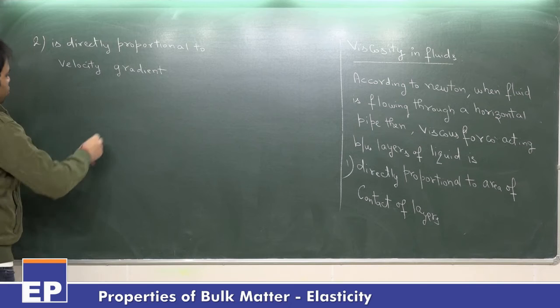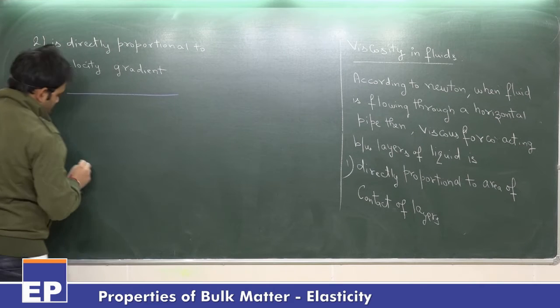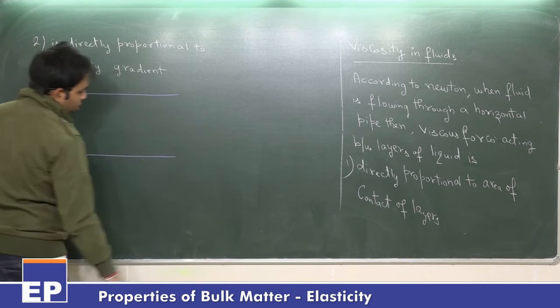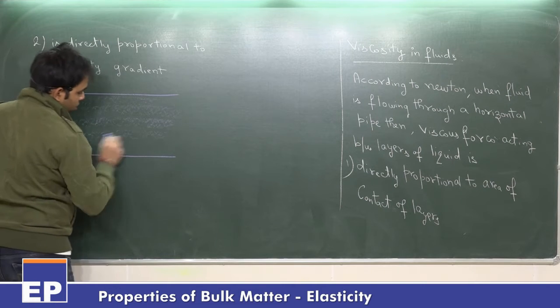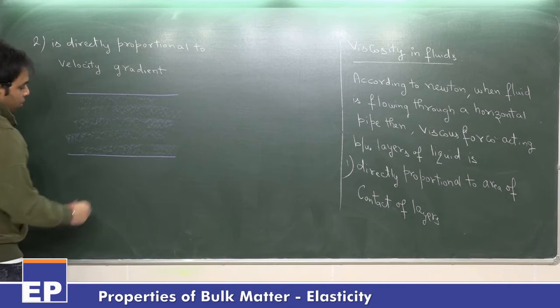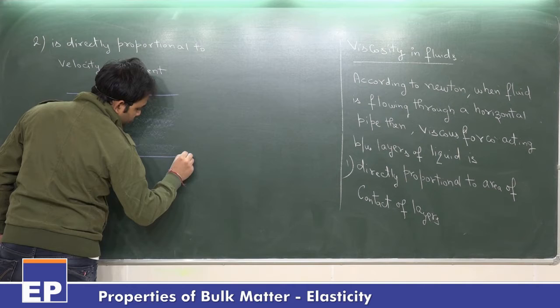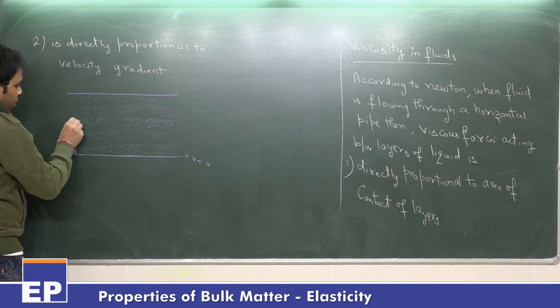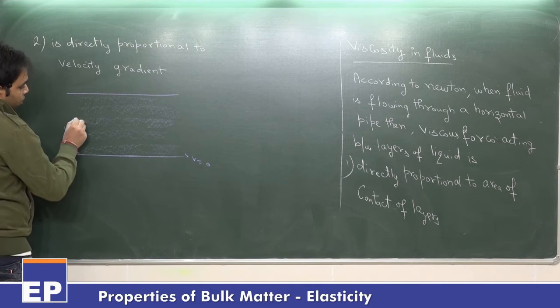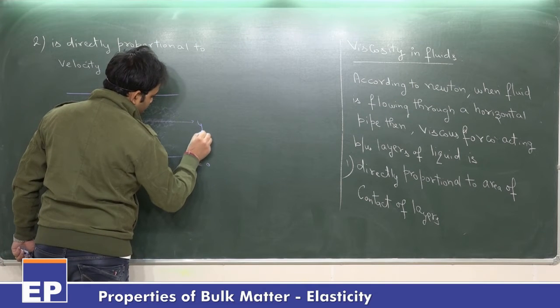Means, let's suppose this is the horizontal pipe through which, let's suppose, the liquid is flowing. We know the bottom layer is still at rest. ये कुछ रेस्ट पे ही होगी. This layer, हम height y पे कोई layer लोगे, that is moving with some speed v.